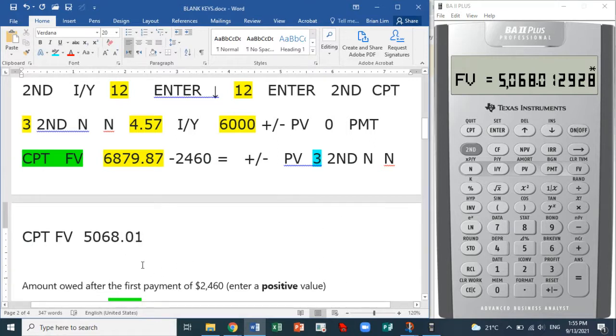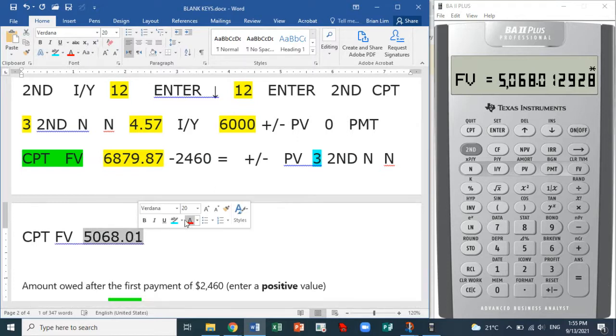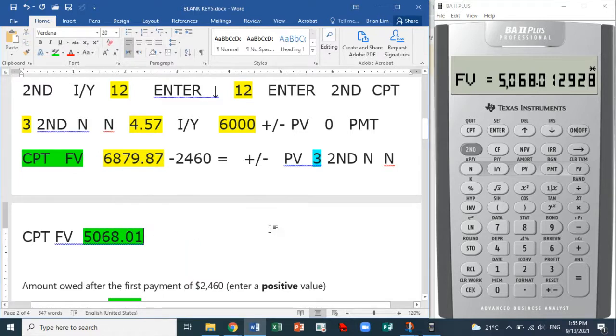So this is the answer after 6 years. I'll put that in parentheses. This is not on your calculator, of course, after 6 years. Okay, that's the future value.